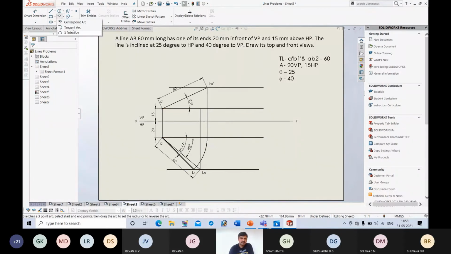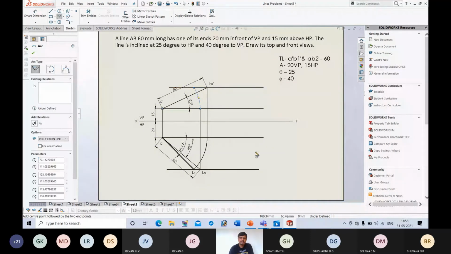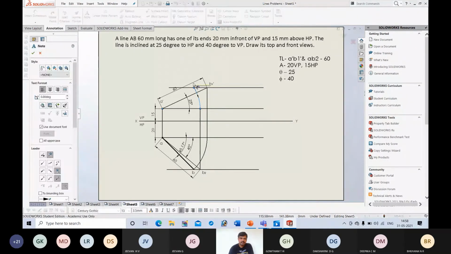Next, this as center, this as radius, draw an arc. This point, till it should intersect the locus of B. So you will get B dash.